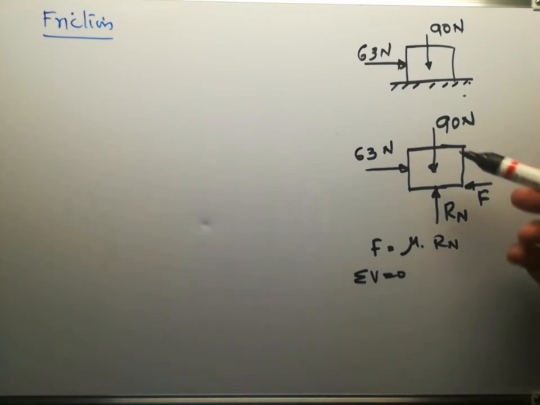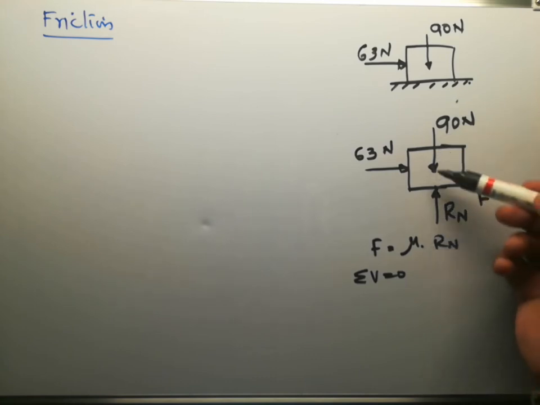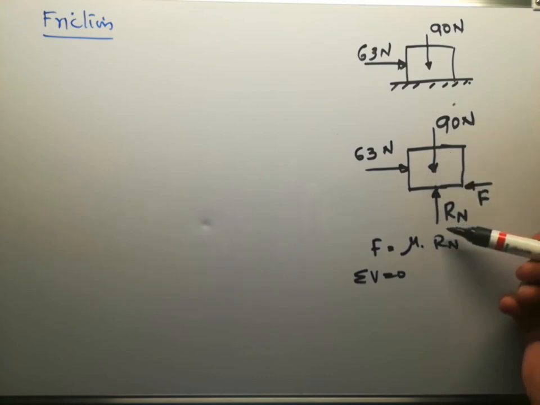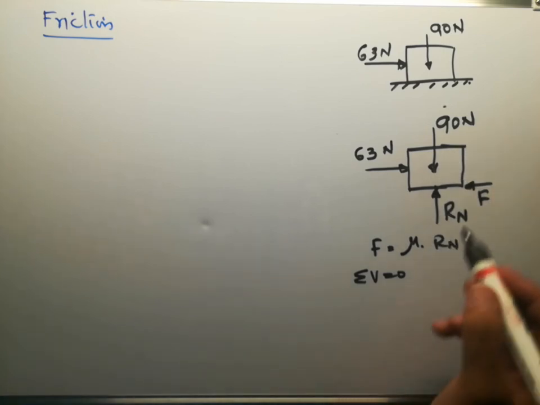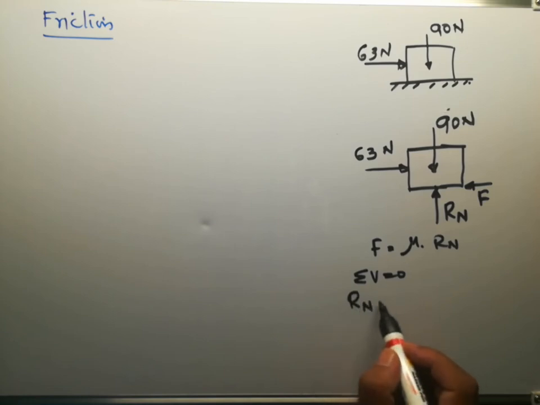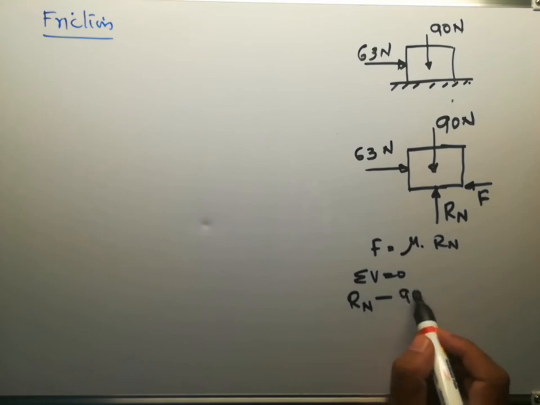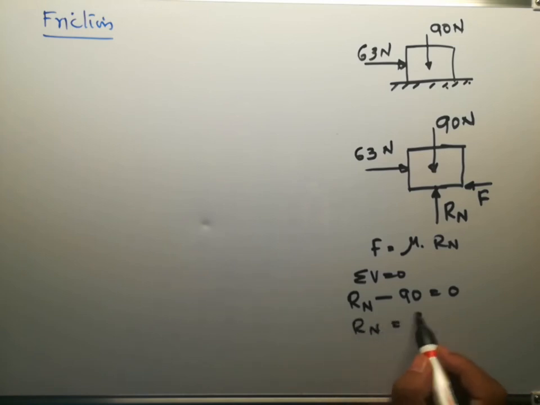Which are the forces acting in the vertical direction? The 90 Newton, that is the weight of the body through the center of gravity vertically downwards, and Rn vertically upwards. If we consider forces in the upward direction as positive, the equation will be Rn minus 90 equal to 0. This will give Rn equal to 90 Newton.